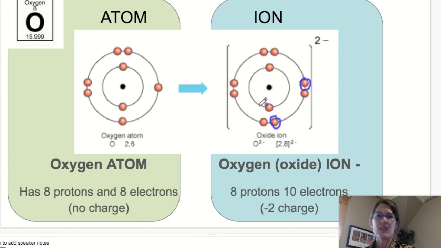The main thing I want you to know here is that the word atom is for when there's no charge, and ion is for when there is a charge. Everybody say atom, no charge; ion has a charge.